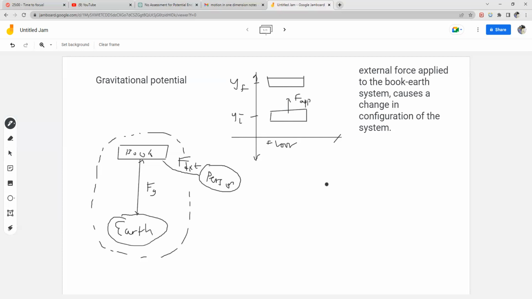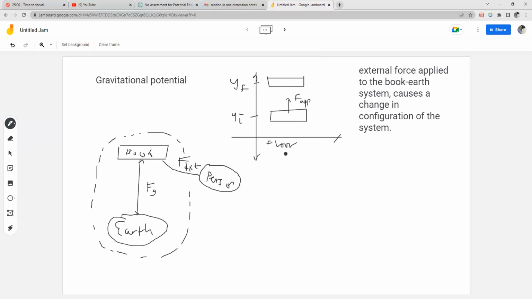So in the first configuration, where the book is at y initial, the kinetic energy of the system is 0. In the second configuration, where the book is now at y final, stationary, the kinetic energy of the system is still zero. But there's got to be a change. How do we know that there's a change in the energy? Well, because when we release the book at y final, the book drops with much greater kinetic energy.